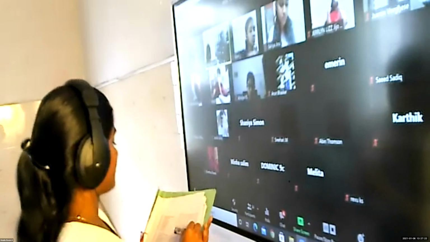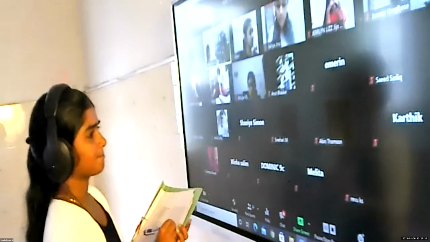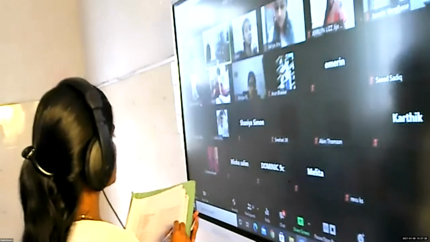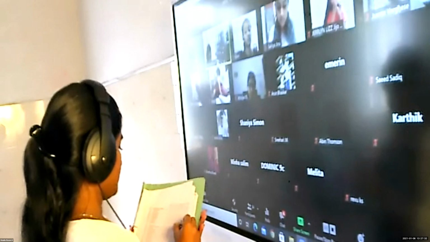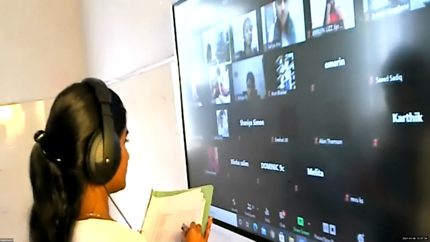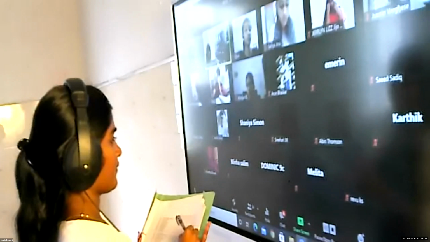Ashik Joshi, present. Adulya, present. Bastin. Bastin was there in the beginning. Devasena, present. Dominic, present. Elsa. Amarin, present, ma'am. Fagat.